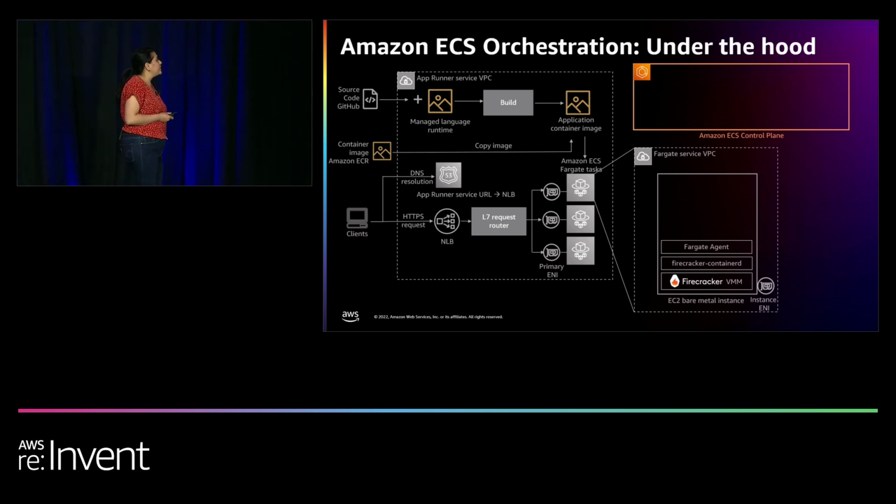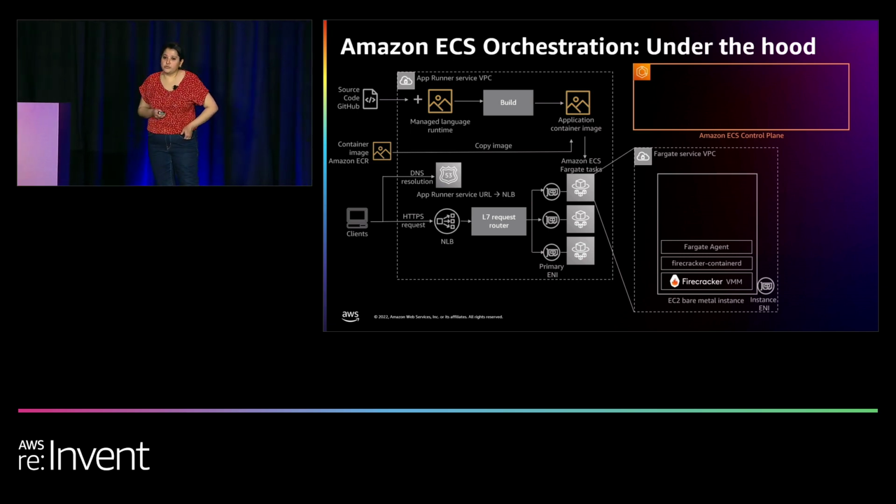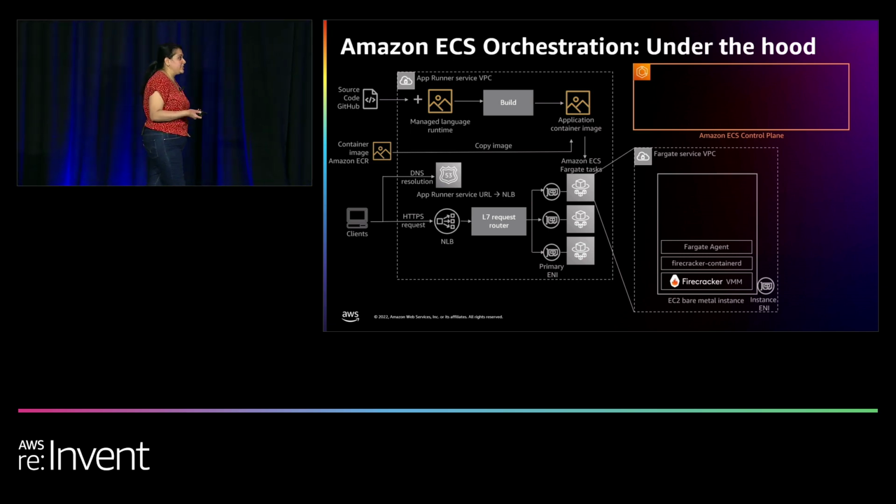So moving on to the ECS orchestration part of the story. ECS, like we talked about, is an orchestrator, and its job is, when we make a request of the ECS control plane to launch a Fargate task, to find an appropriate slot on an appropriate bare metal instance and speak to the Fargate agent to actually make the launch happen.